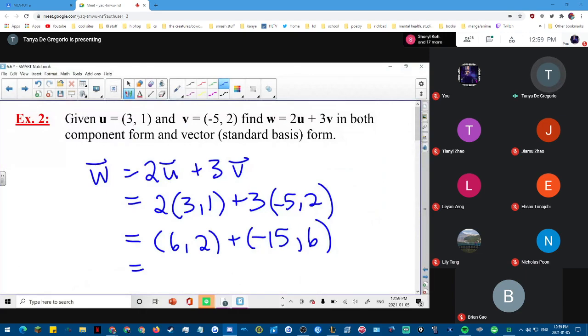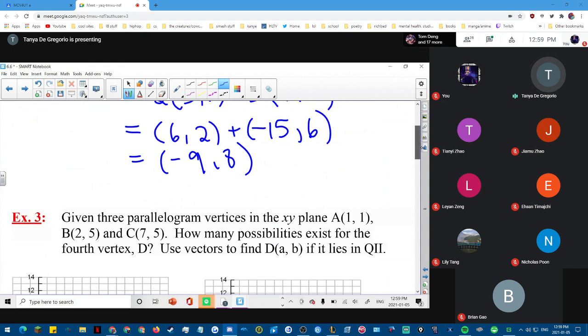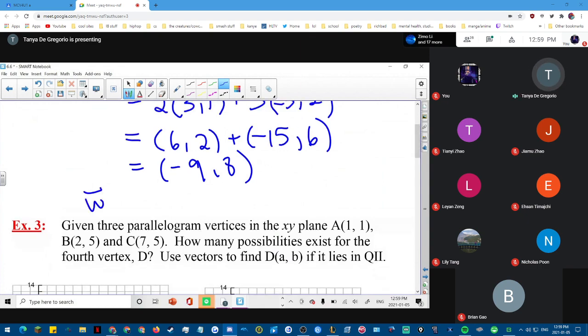Okay, so 6 minus 15 is what we're going to do here, and we're going to do 2 plus 6. That's component form. Now if I want to write this in standard basis form, I just have to multiply by i and by j. Remember, guys, i is 1, 0, and j is 0, 1.